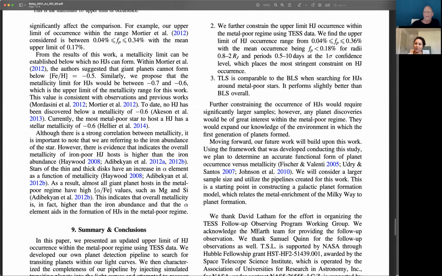And so you really wouldn't expect to find planets here. However, there's still that 0.18%, so it's not zero. So it would be a very exciting discovery for sure. But I think that here we're starting to actually be able to probe these more metal poor regimes. And I think that this was an exciting paper for me.